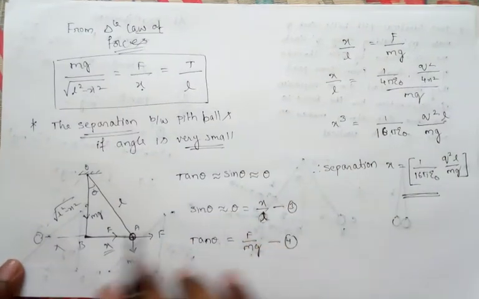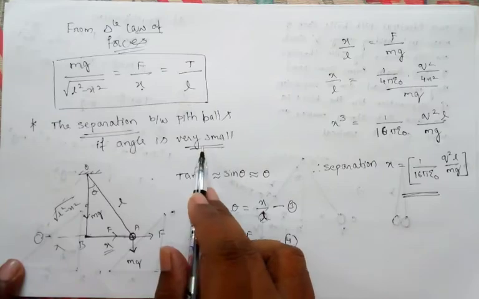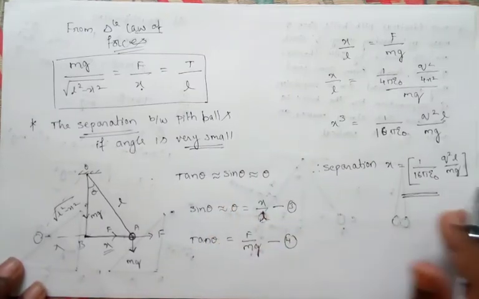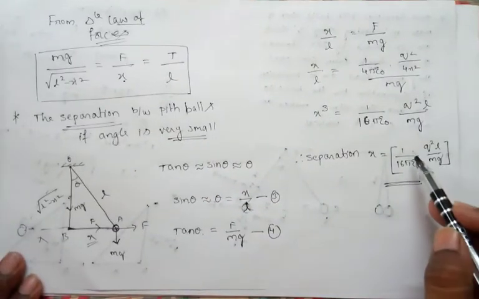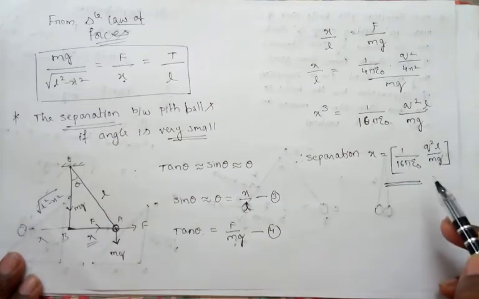Another one: separation we found using the small angle. If they mention that the angle is very small, the separation is 1 upon 16 pi epsilon naught into q square L by mg. This is the other result.